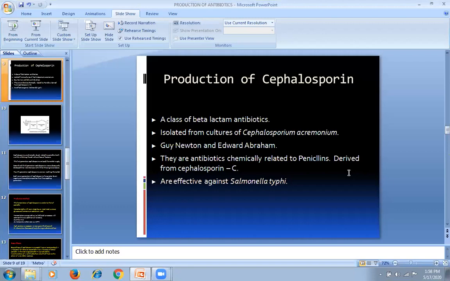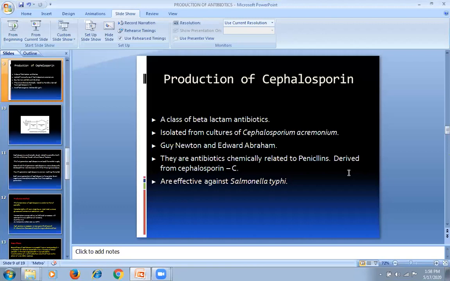Both work by inhibiting the cell wall synthesis of bacteria. There are several generations of cephalosporins that we can encounter. The first generation cephalosporins entered the market in around 1964. Second and third were subsequently developed, and they are quite a bit more powerful than the original ones.